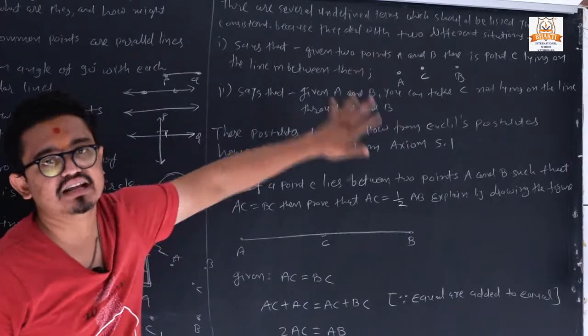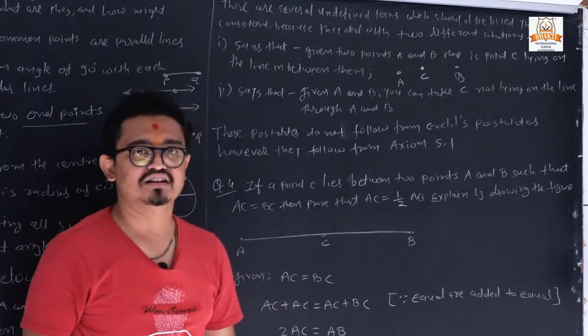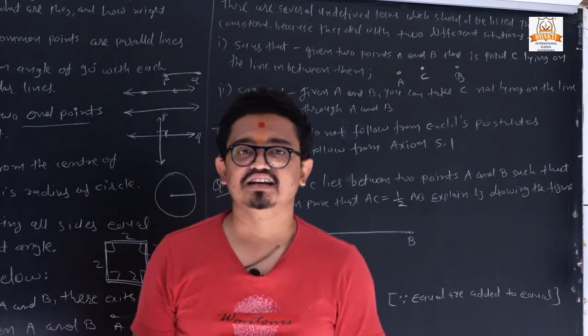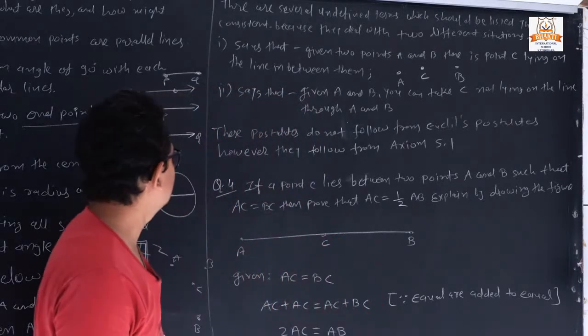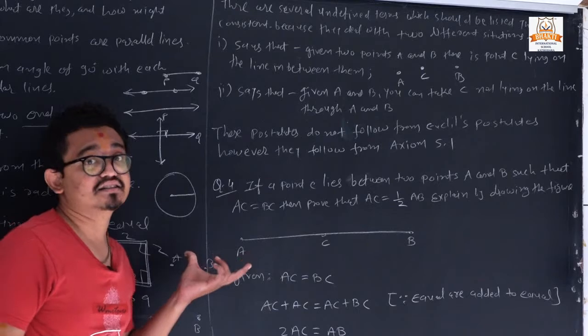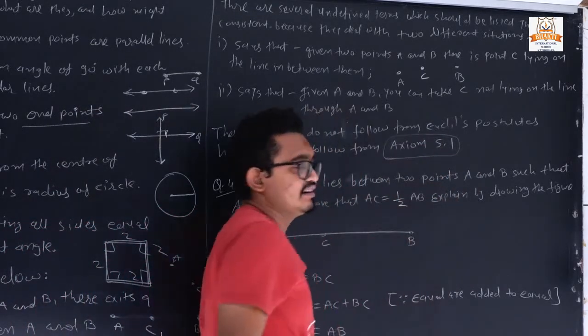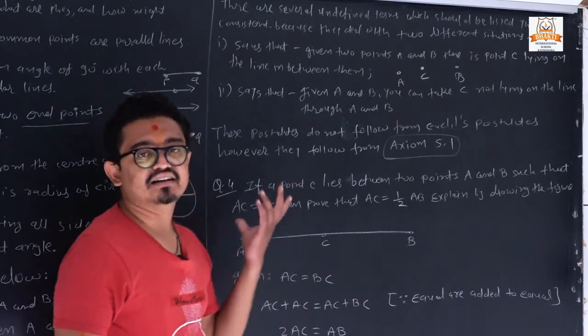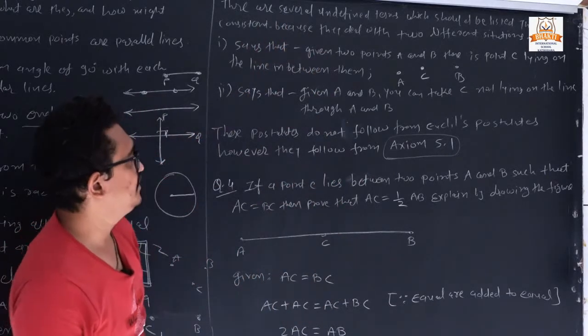This is not between A and B. So it means they do not follow Euclid's postulates. We do not have any postulate in which Euclid says this kind of theory. Yes, but we can also say that it is from axiom 5.1. Clear? These postulates are related to axiom 5.1.